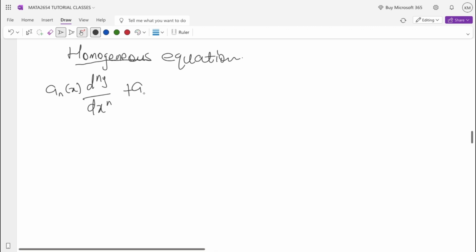So it's a_{n-1} of x, then plus d^{n-1} y divided by dx^{n-1}, then plus whatever is going to be in between. Then we go to a_1 of x, then dy by dx.